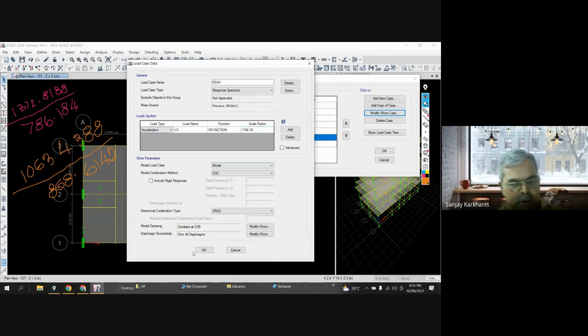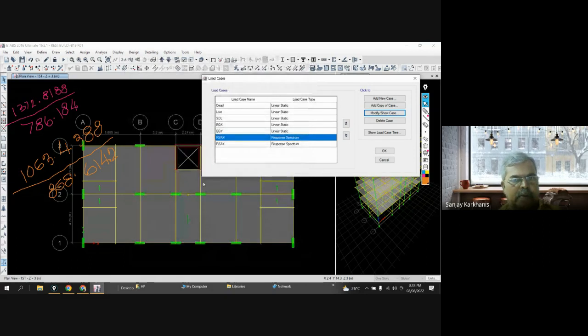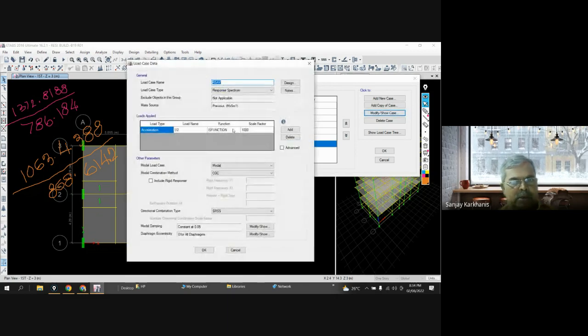Then click OK. Then 1000 multiplied by 1063.4388 divided by 868.6142.